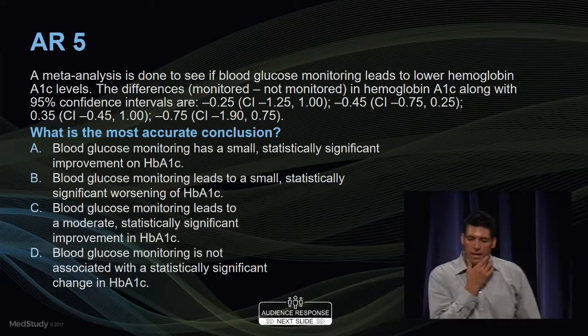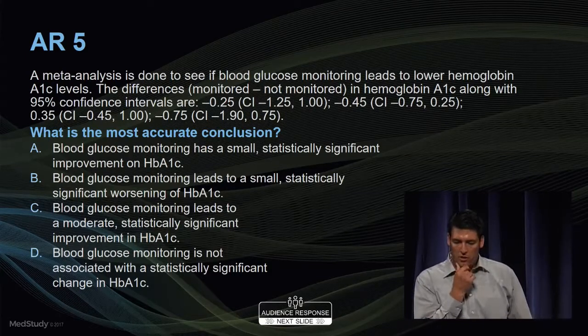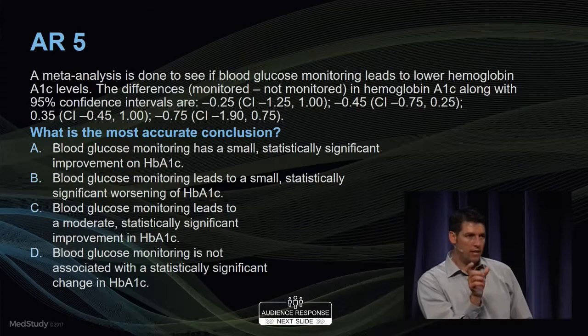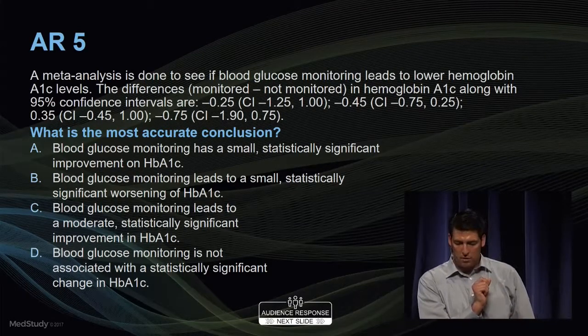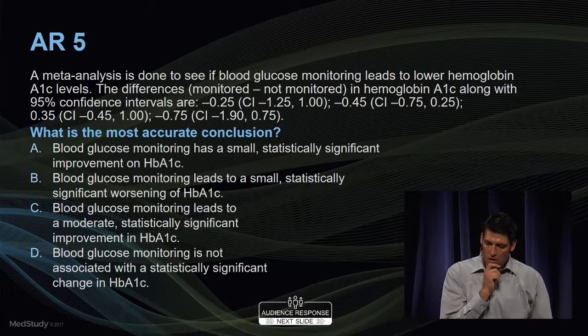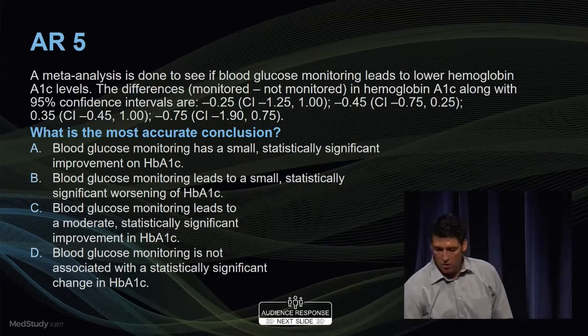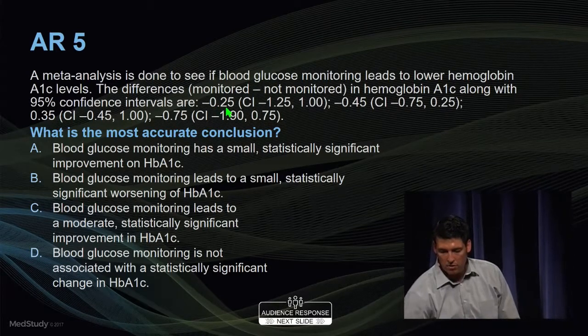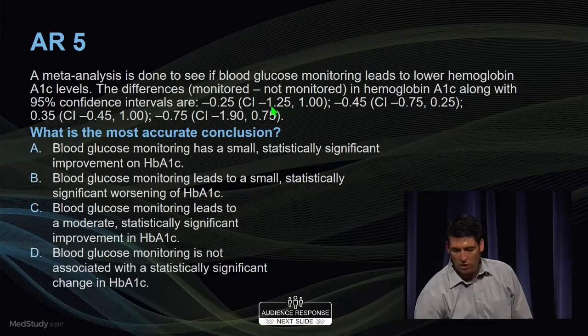For an example, a meta-analysis is done to see if blood glucose monitoring leads to lower hemoglobin A1C levels. The differences, and I've taken monitored minus not monitored, in hemoglobin A1C along with 95% confidence intervals are given here. So this is the estimate of the difference, and here is the 95% confidence interval, ranging from negative 1.25 to 1. Here is the estimate of another difference from another study and its corresponding confidence interval.